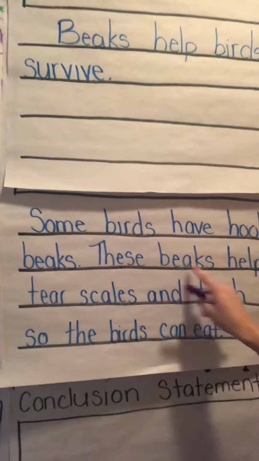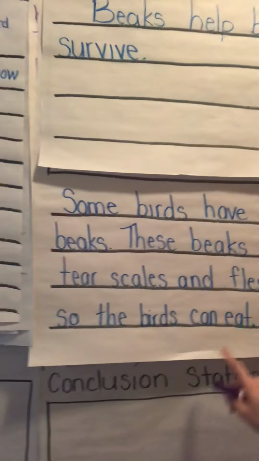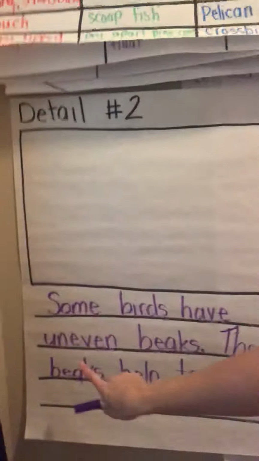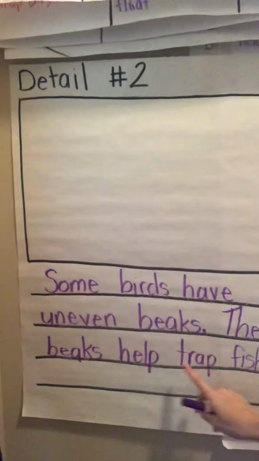I can't put the same sentence. So I have to think of another way to write that. Or think about what did we talk about. So I'm going to go back to our details. It said, some birds have hooked beaks. These beaks help tear scales and flesh so the birds can eat. Some birds have uneven beaks. These beaks help trap fish.